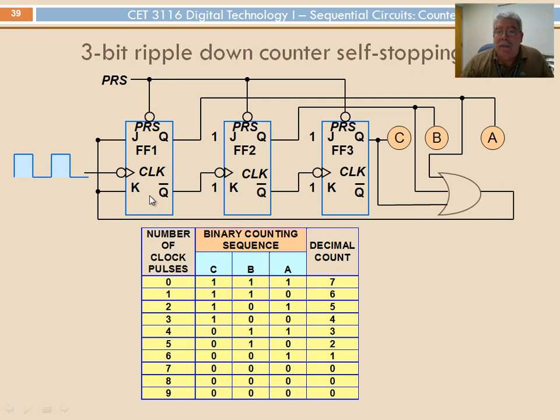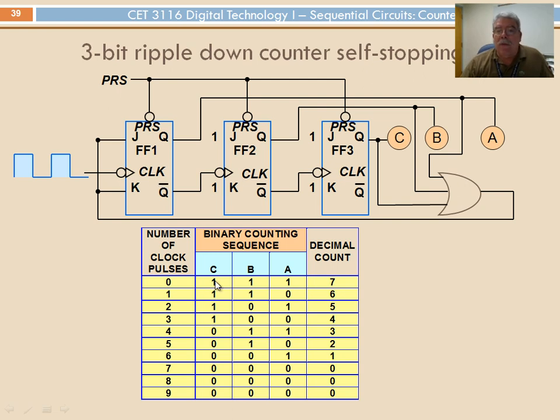What's going to happen is we expect that when we reach 0, 0, 0, we will have here a 0. And when we have a 0, then we reach a hold for this flip-flop, and they stop everything.